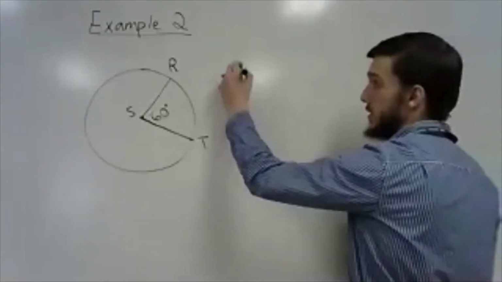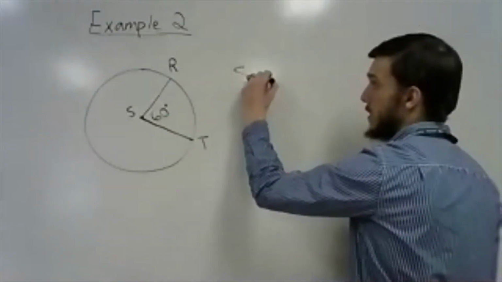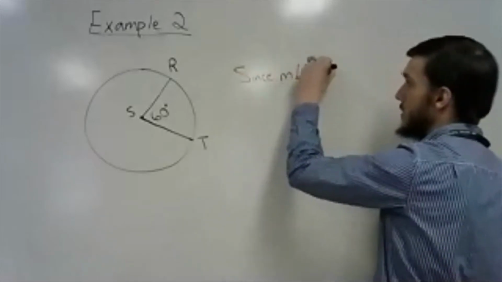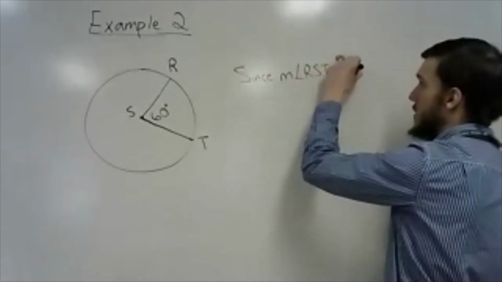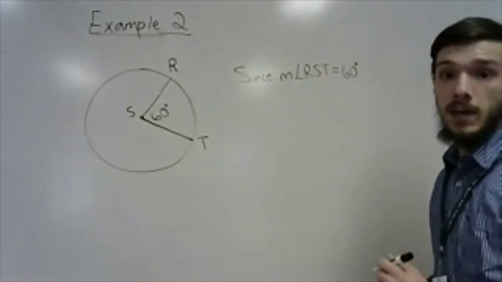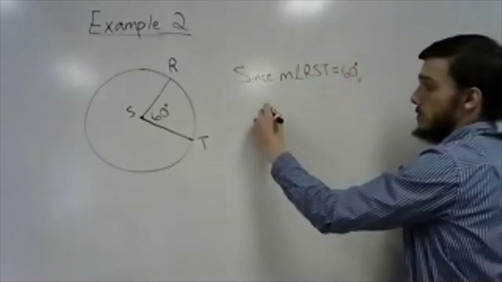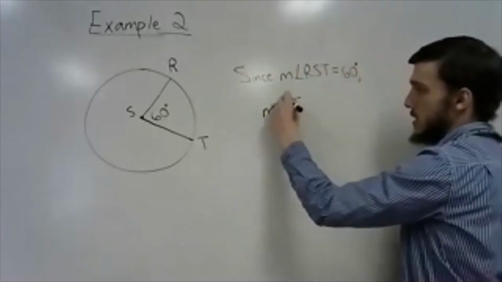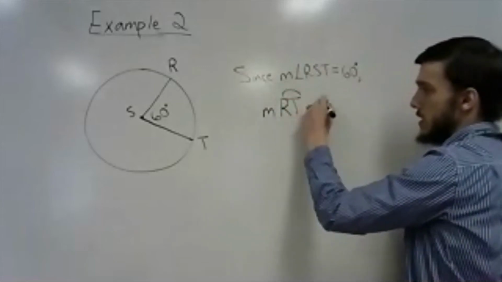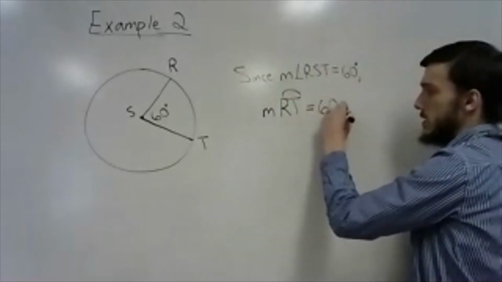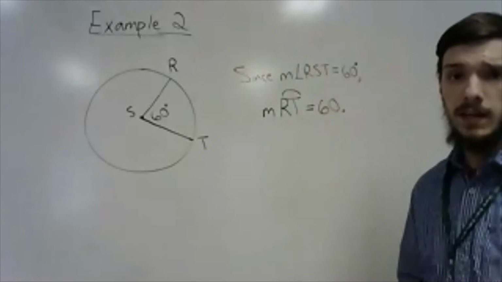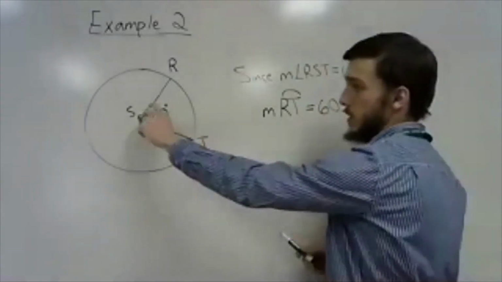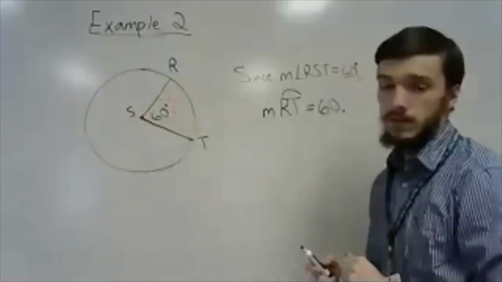So in this case, since the measure of angle RST equals 60 degrees, the measure of arc RT is 60. Okay? So for every minor arc, we can look at the measure of the central angle that forms it.